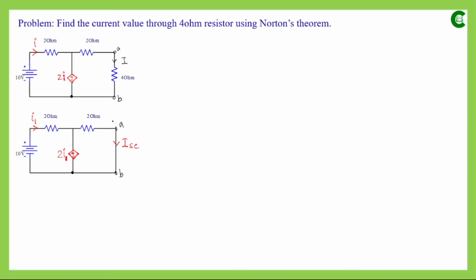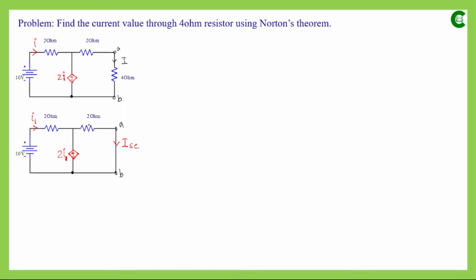Now since we have removed this load resistor and shorted that path, the current through this 2 ohm resistor will not be the same as before. So let's take this as I1, and accordingly the value of this dependent voltage source will change to 2I1. Now our next task is to find the value of this ISC.